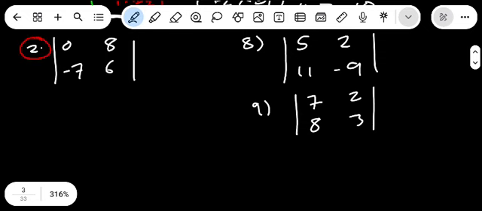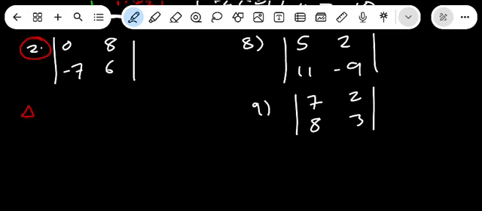The determinant will be 0 multiplied by 6, minus negative 7 multiplied by 8.